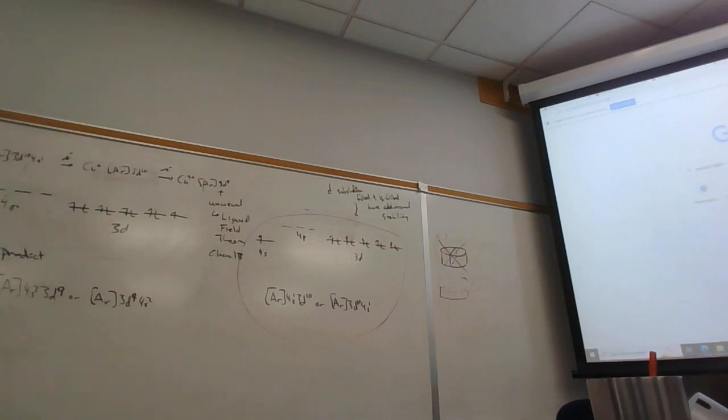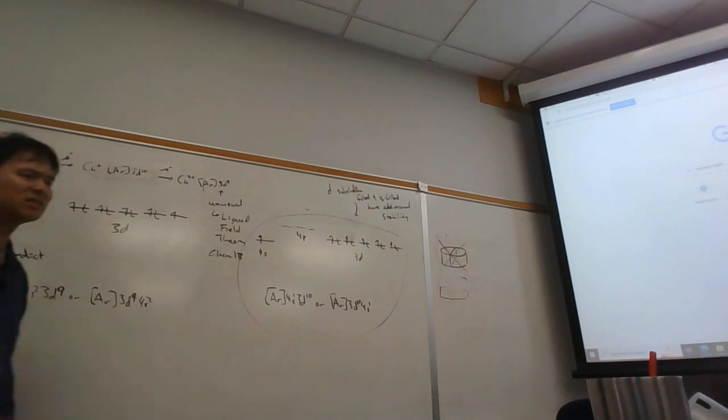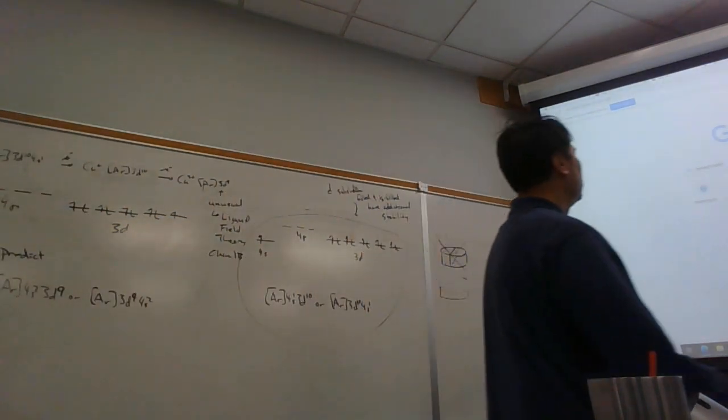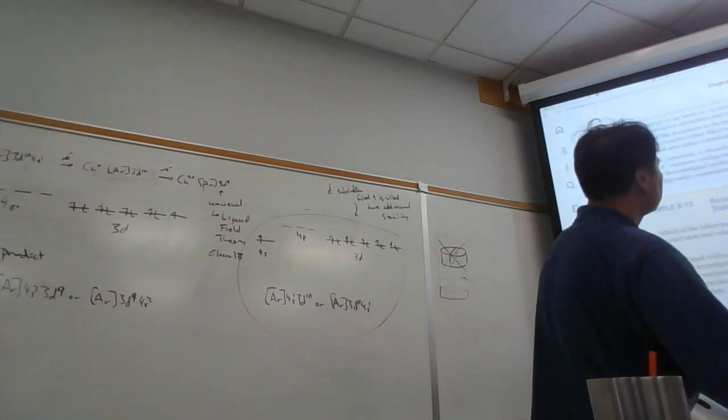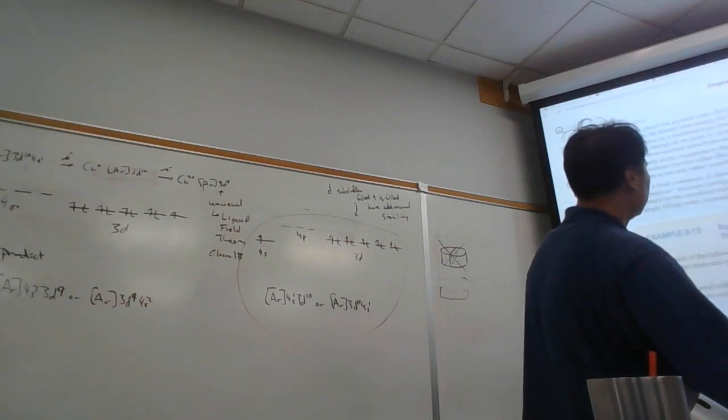It turns out when you bond it to things, it turns out to be lower in energy in a D9 than in a D10 configuration. That's because when we bond this, we lose the degeneracy between the D orbitals and it tweaks all the orbitals. And so this isn't what you would expect based on what we've been talking about. All right, so that's copper and chromium, and the other members of the family also have this weird thing going on as well.